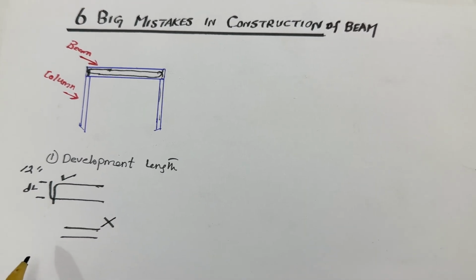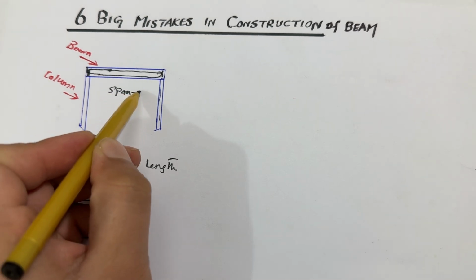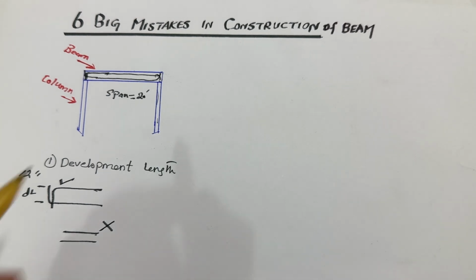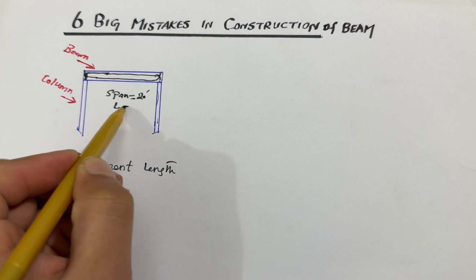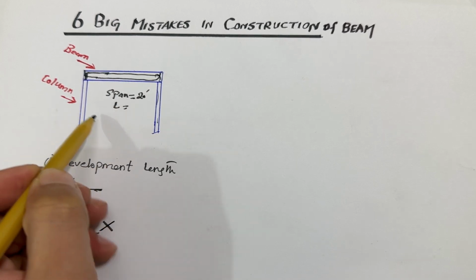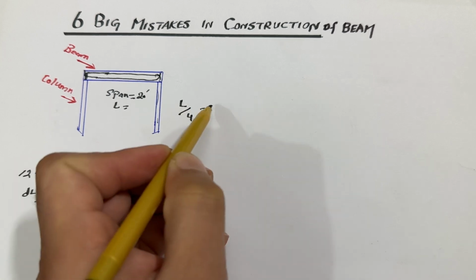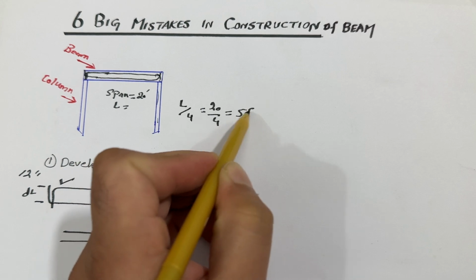Next, as you can see, this is a span. Suppose the span is 20 feet, for example. The span should be divided by L by 4. L by 4 means, this span is called L. The L is 20 feet, so the length should be divided by 4, and we have a 5 feet distance.